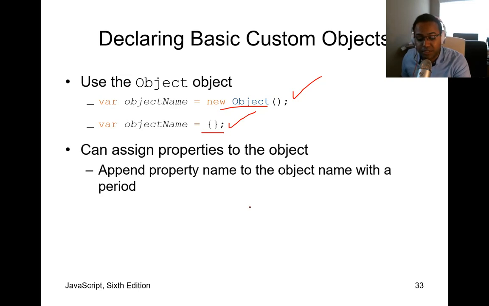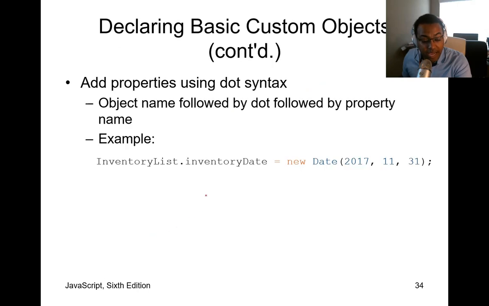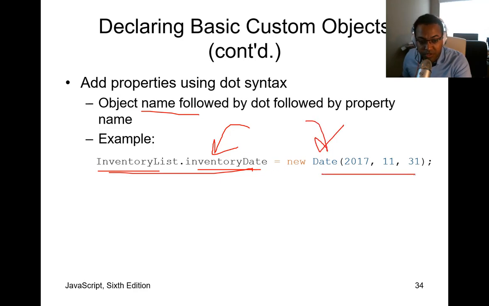Assigning a property to an object literal is almost the same as assigning a value to a variable. And you can assign properties to an object literal using dot notation. So inventory list is the object literal, inventory date is the key in the object literal, and this will be the value. Whenever you want to pull this value, you would use this dot notation to do so.